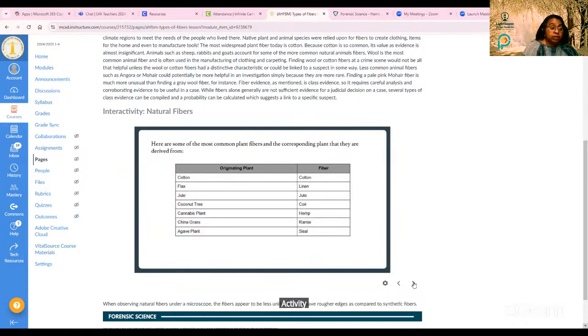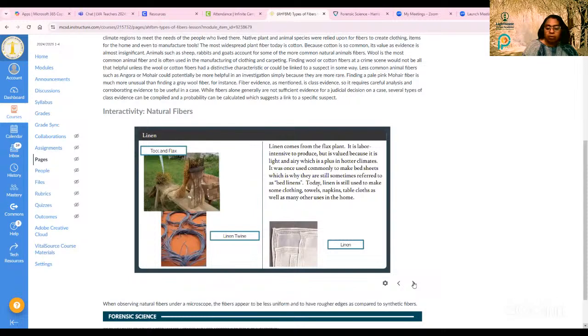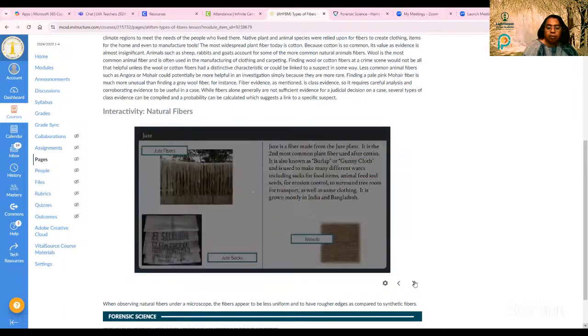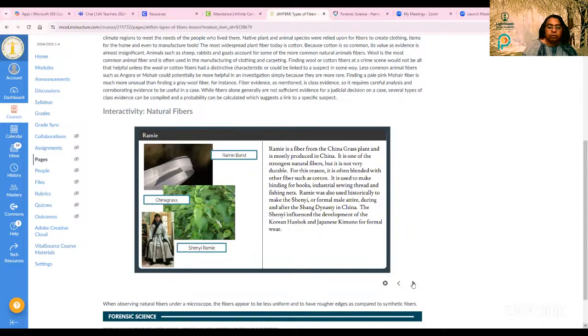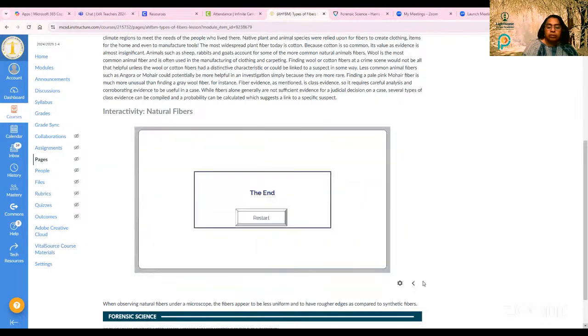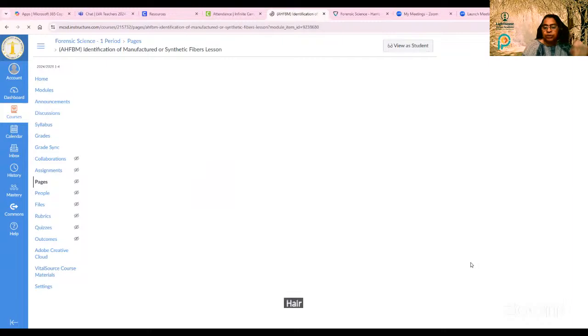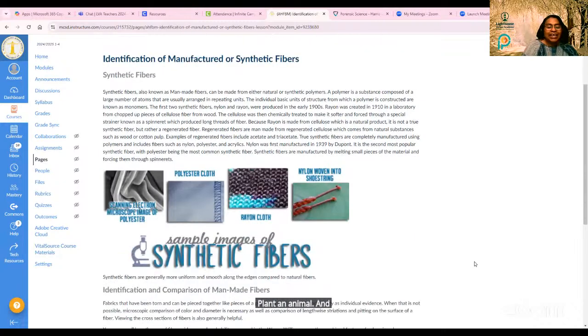So make sure you take a look at those. Okay. So again, know your hair structure, your natural fibers, plant and animal.